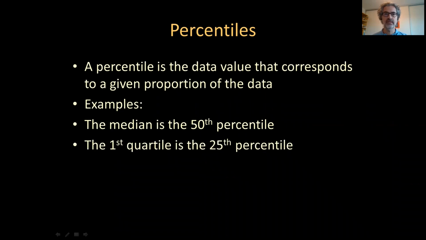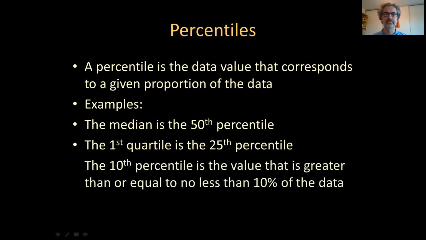The first quartile, which is by definition the data value at the 25% point, so 1/4 of data points sorted in increasing order, that is the 25th percentile. The 10th percentile is the value of the data, or the score in a set of scores, that is greater than or equal to 10% of the data.